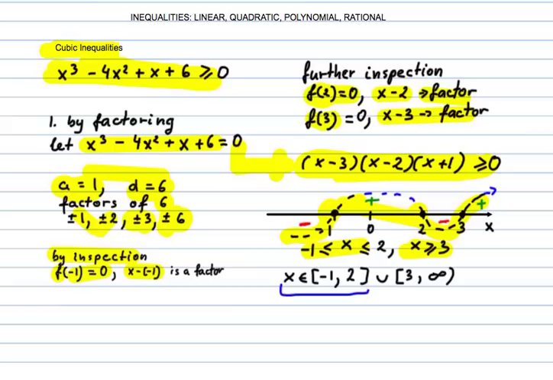This is why you have square brackets on both ends and the union of 2 intervals. So x is an element of the following interval: -1, 2, closed on both ends, or x is an element of the interval where the x value starts with 3 and goes all the way to +infinity.